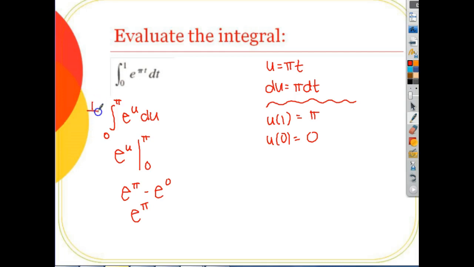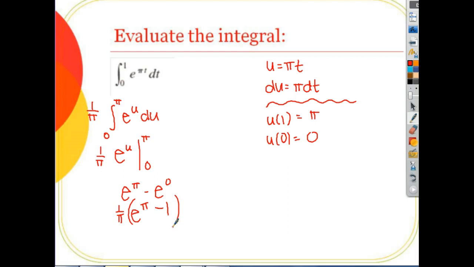This had to be 1 over pi. 1 over pi. That's it, right? Mm-hmm.